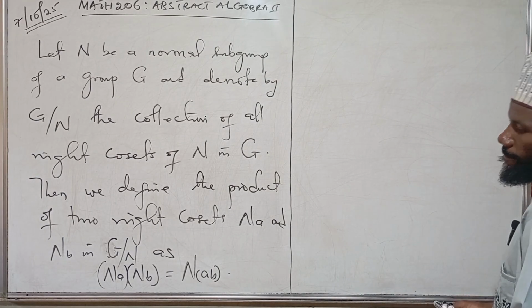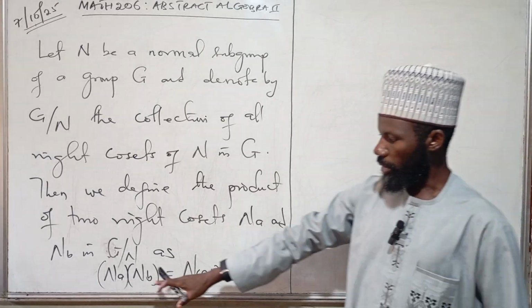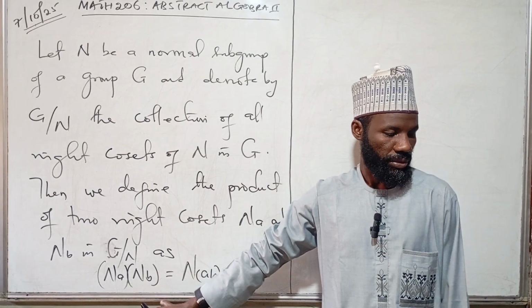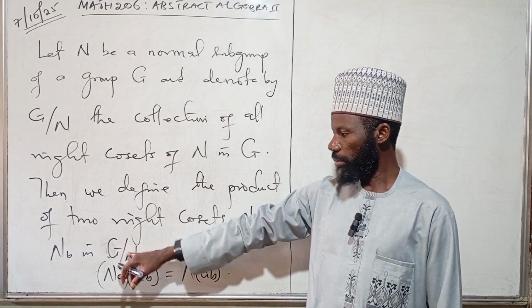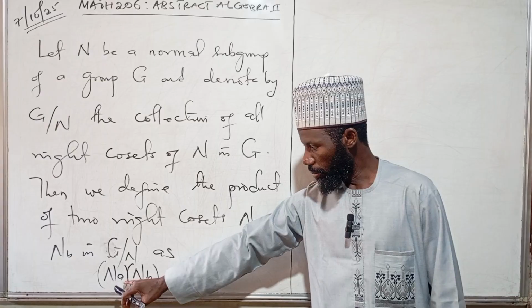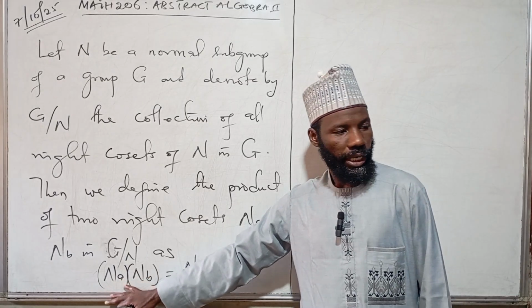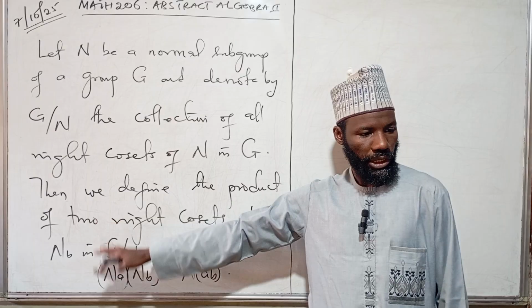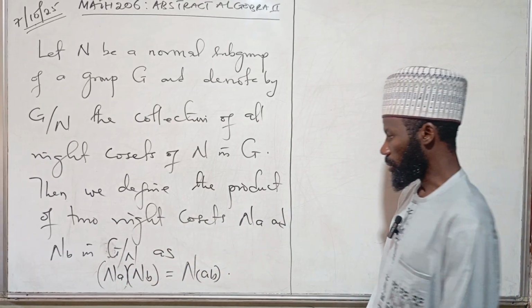First of all, we have to see that the product is well defined, because it should be a binary operation. That is a mapping from G/N cross G/N into G/N. What I mean by well-defined is that one element in the Cartesian product should not map to two different elements in the group.